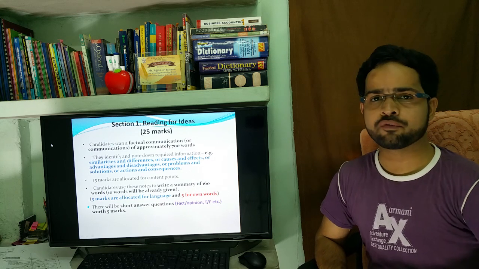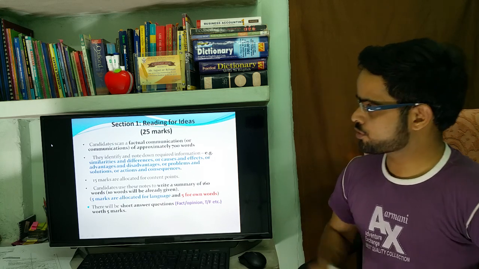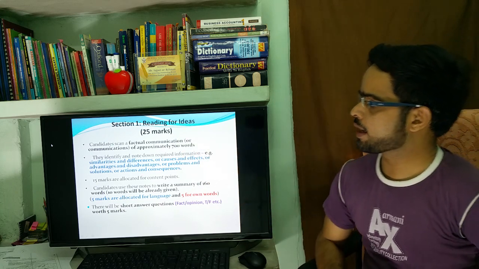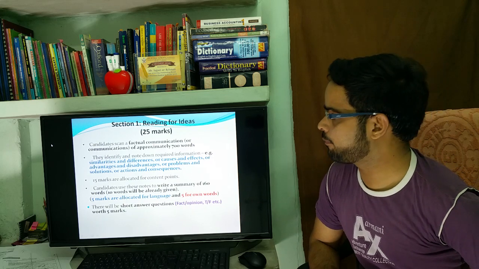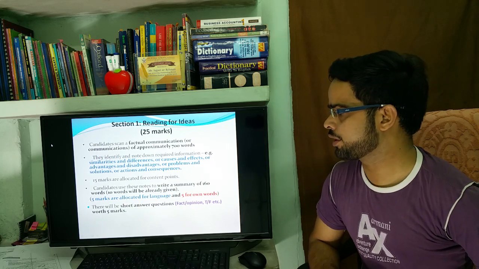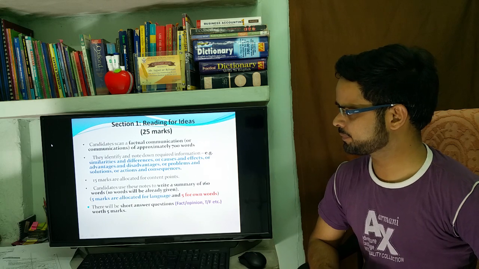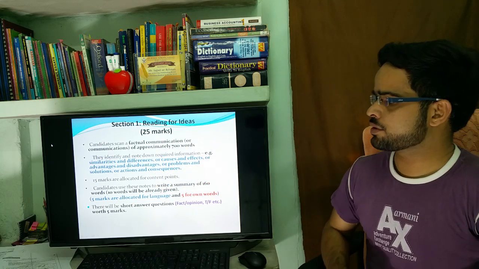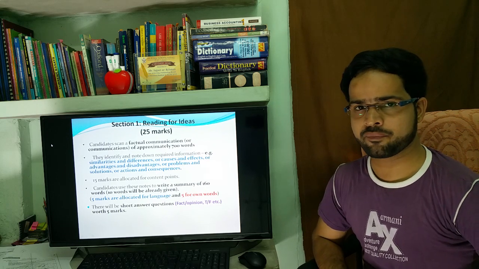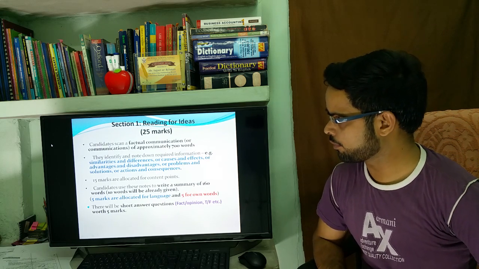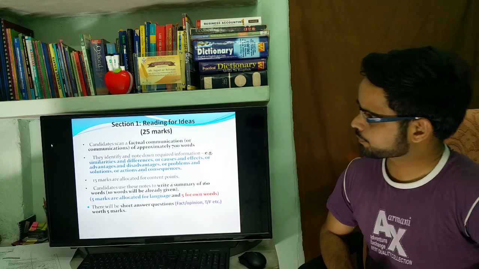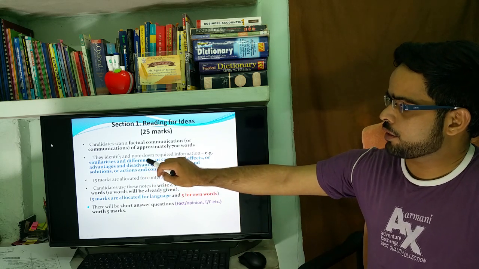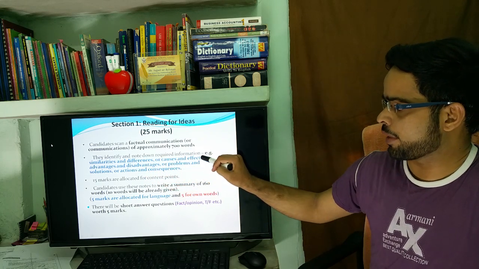Section 1, reading for ideas. It has 25 marks. Candidates read a factual communication of approximately 700 words. Usually in section 1, they do not give you a story. They give you a factual communication or factual passage. Candidates identify and note down required information.